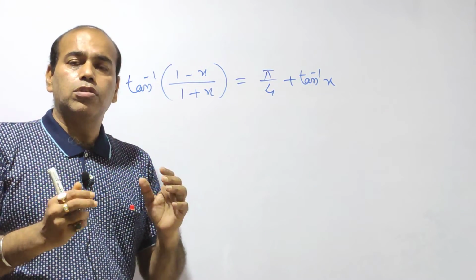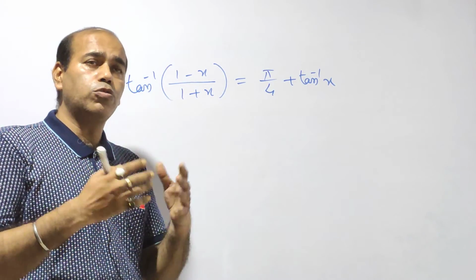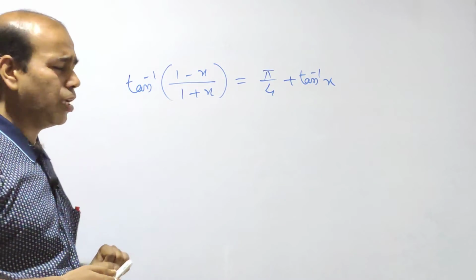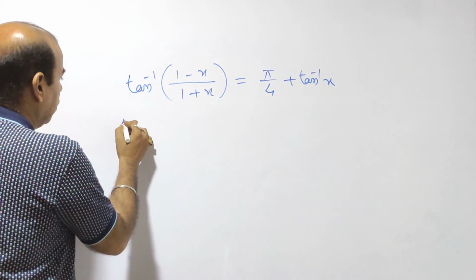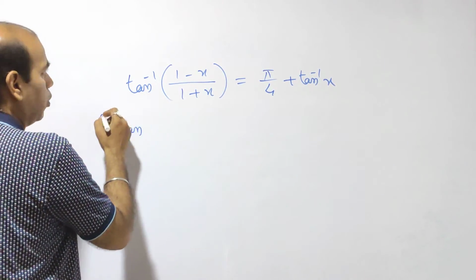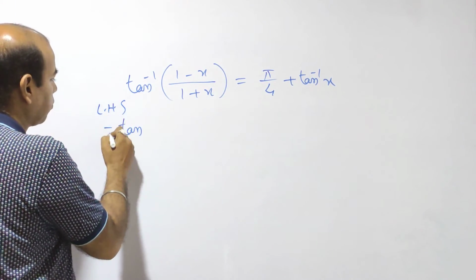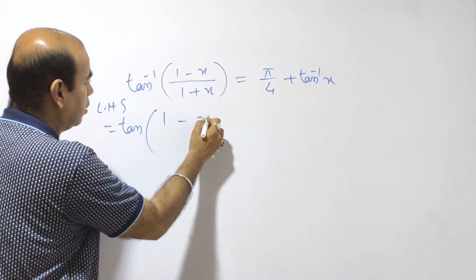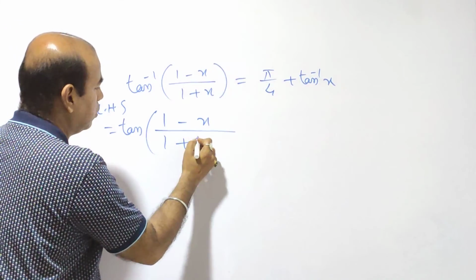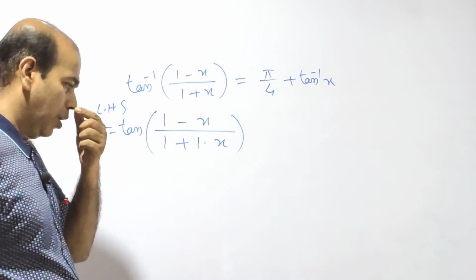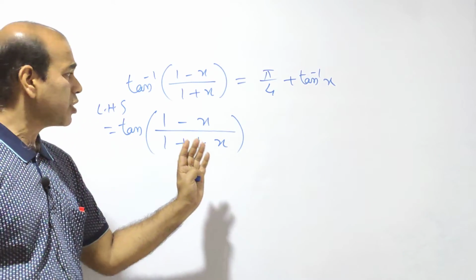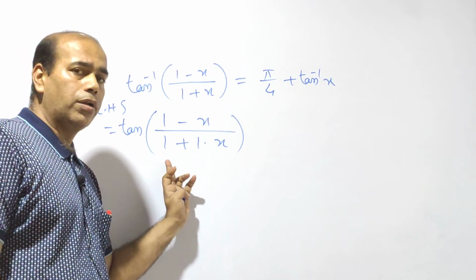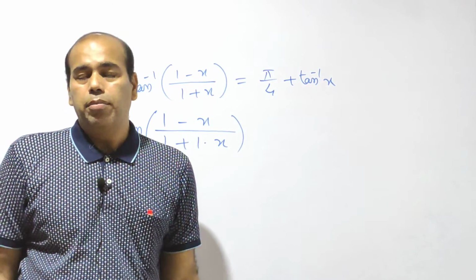I will use the direct formula method. Also, without the formula I can do it for you, but first let me see the formula method of how to solve it. Now I will start from the left hand side. This is tan inverse (1 minus x by 1 plus 1 into x). Tan inverse a minus b by 1 plus a into b means what?